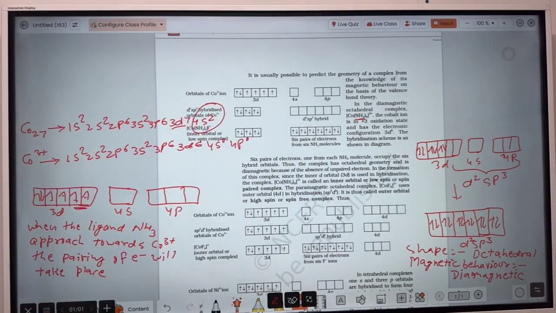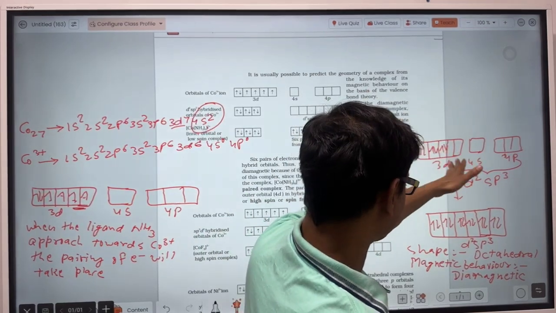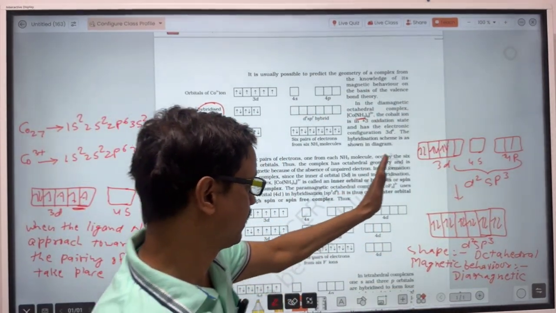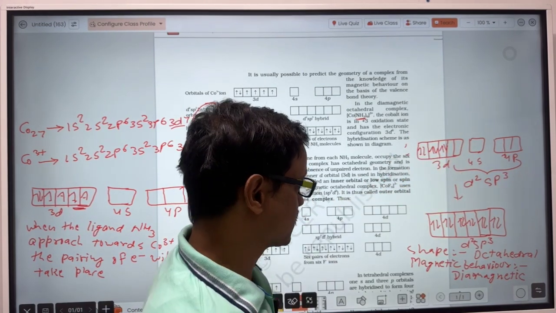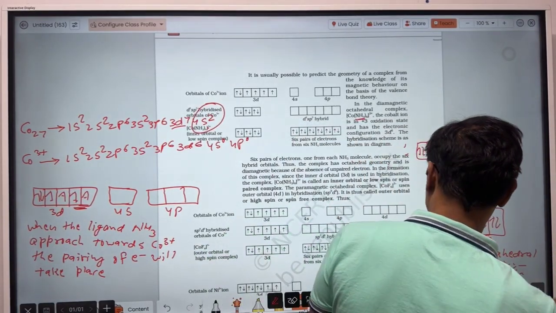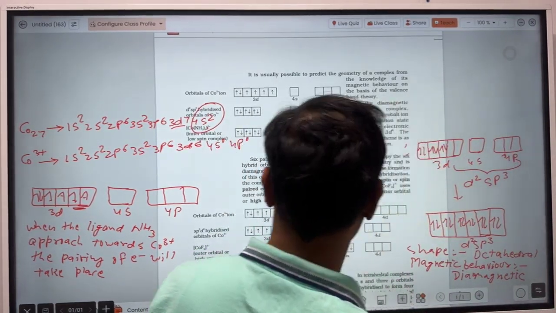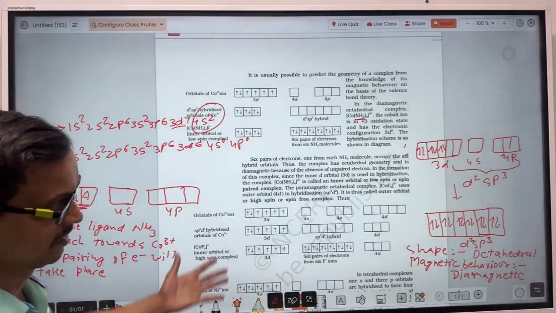Now you tell me, since the inner d orbital has participated in hybridization, that's why this complex will be called inner orbital complex or low spin complex or spin paired complex.